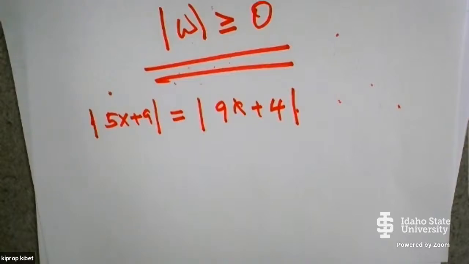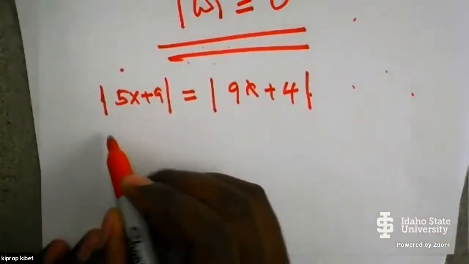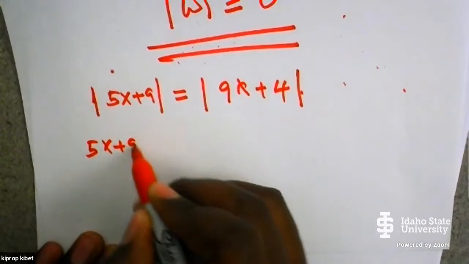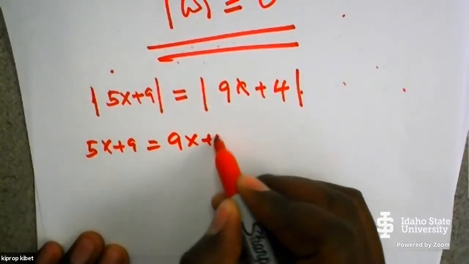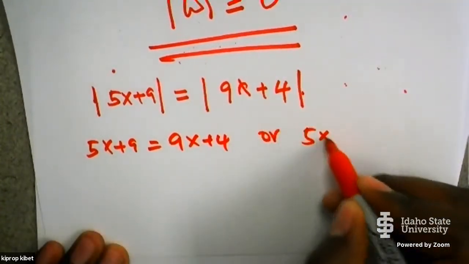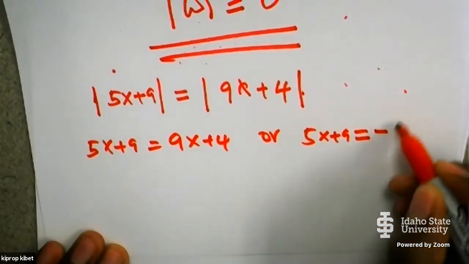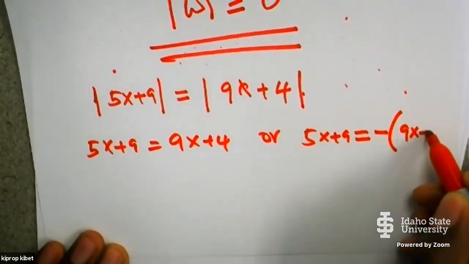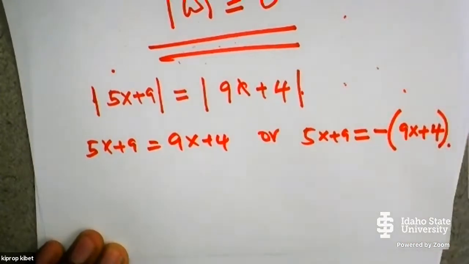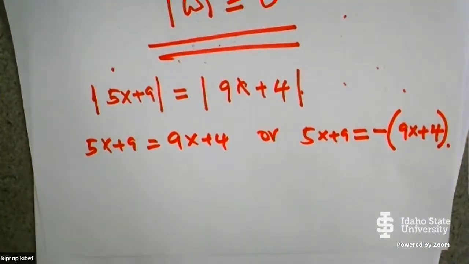We have 5x plus 9 equals to 9x plus 4, or 5x plus 9 equals to minus the bracket of 9x plus 4. So minus is affecting the whole of it.